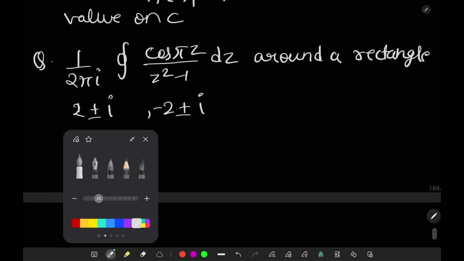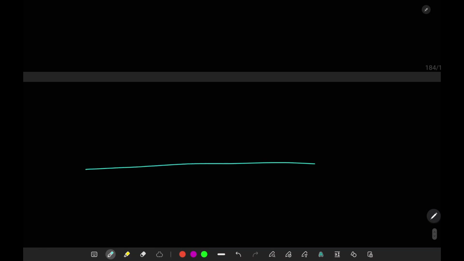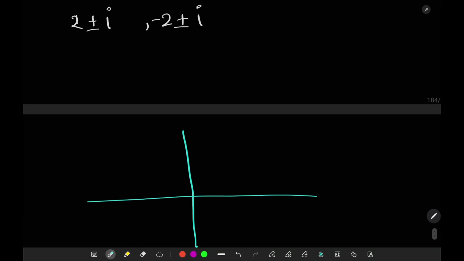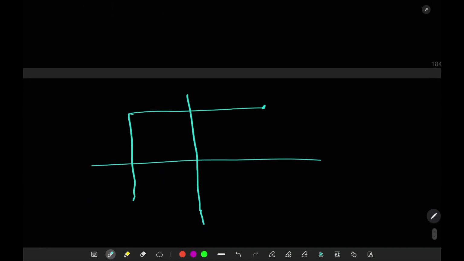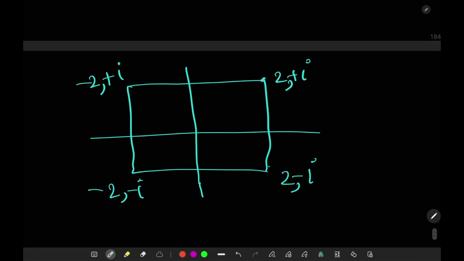Let's do this question. First of all, we need to plot these points. Here this is a rectangle. So this is 2 plus i, this is 2 minus i, this is minus 2 minus i, and this is minus 2 plus i. These are the coordinates.